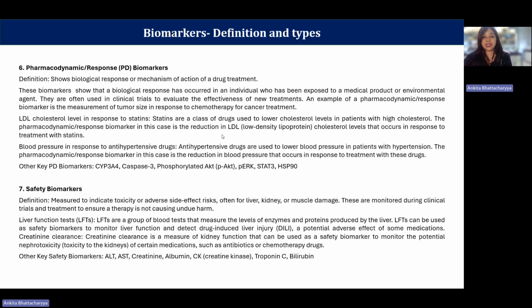They are often used in clinical trials to evaluate the efficacy or the effectiveness of new treatments. An example of a pharmacodynamic or response biomarker is the measurement of tumor size in response to chemotherapy. This is something that is very regularly done in any lab setting whenever you have proposed a certain treatment strategy or a certain gene's oncogenic activity, you usually have to validate it using multiple systems.